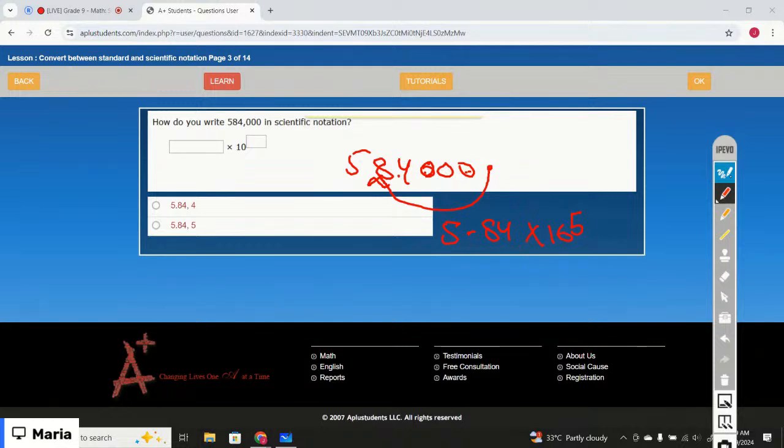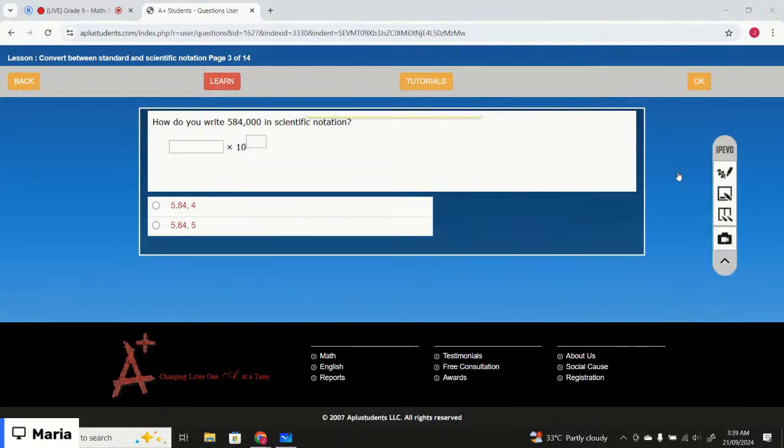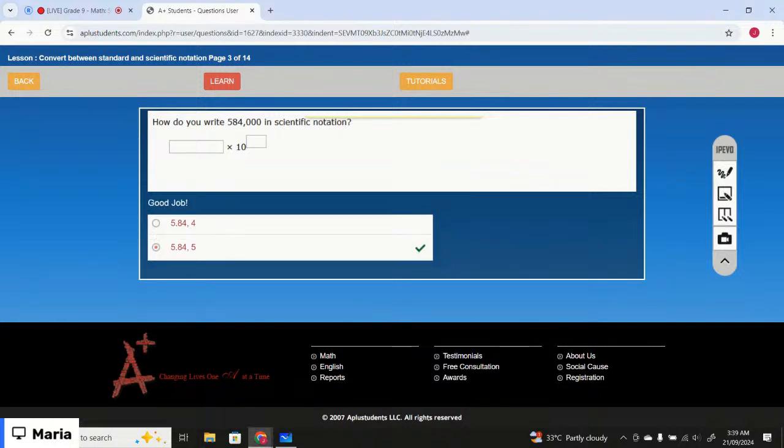So then the correct option is option number 2, 5.84 times 10 exponent 5.